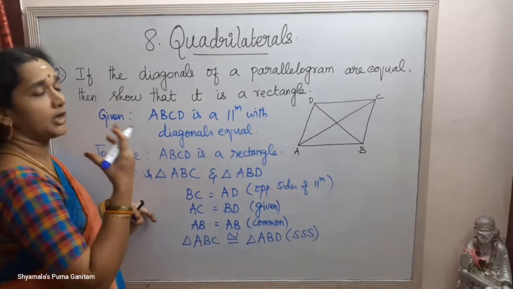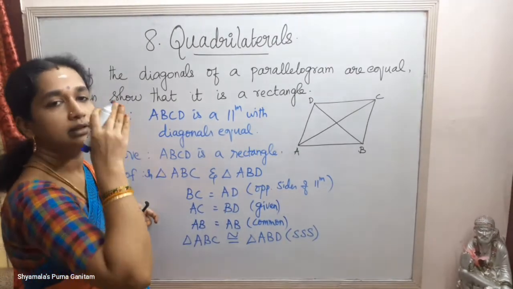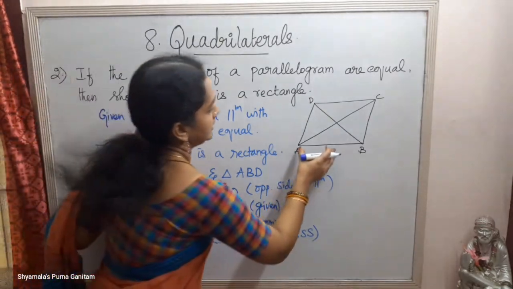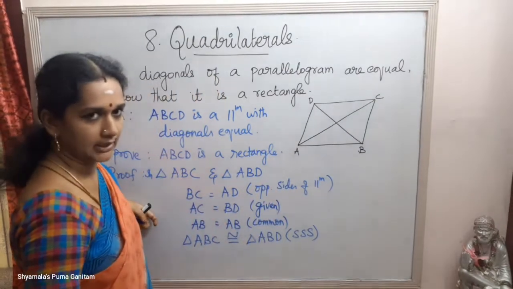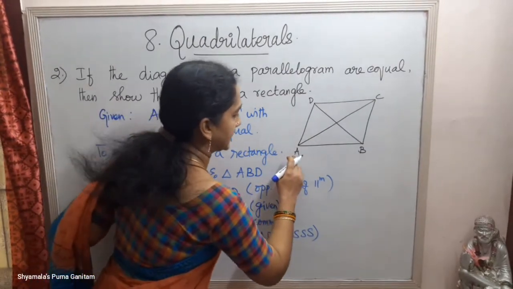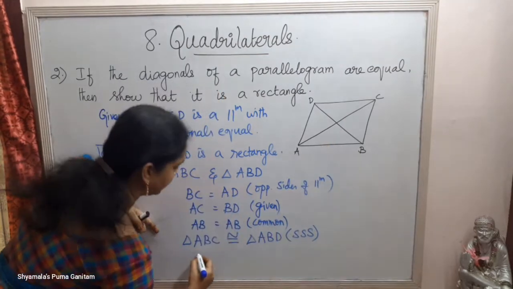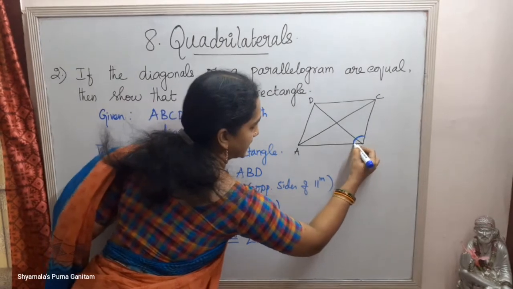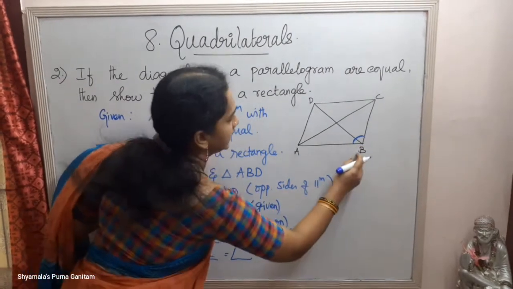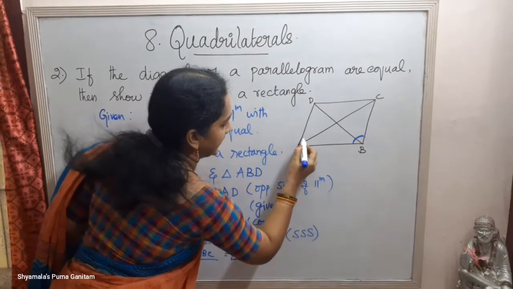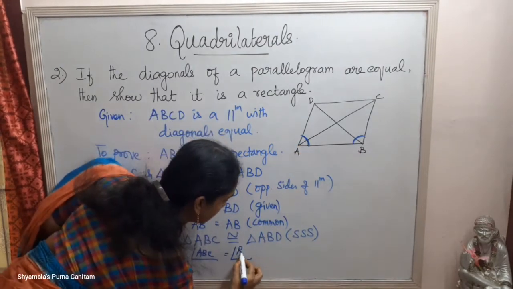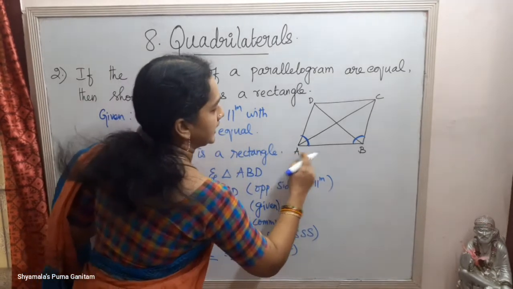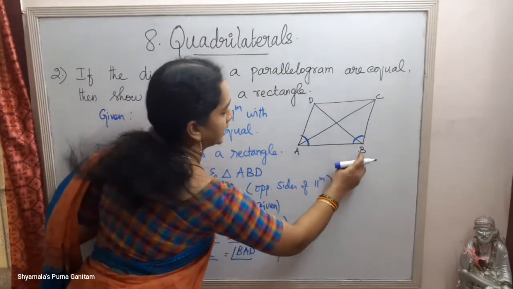Okay. Now what I told you in the beginning, if we prove that the angle is 90 degree, then we can say it is a rectangle. Now we have proved the congruency of these two triangles. So by CPCT, we can say that angle ABC is equal to angle BAD.